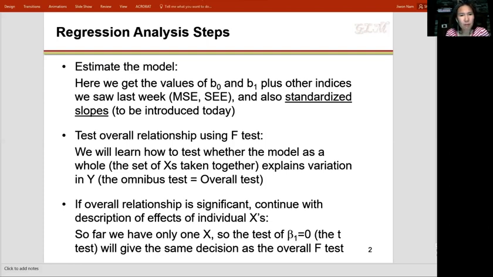The second bullet is test overall relationship using F-test. So overall relationship, overall model summary, overall test, omnibus test. This is for model summary, model quality. At that time we use R square. Do you remember that?